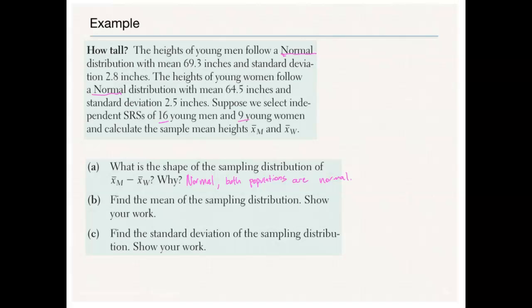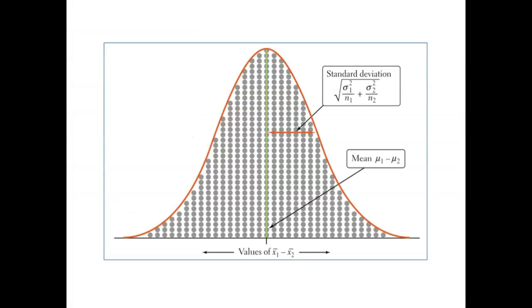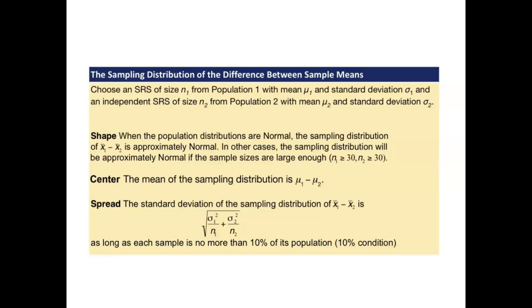Find the mean of the sampling distribution and show your work. So the mean of the sampling distribution of x bar m minus x bar w will equal just the difference in their population means, right?